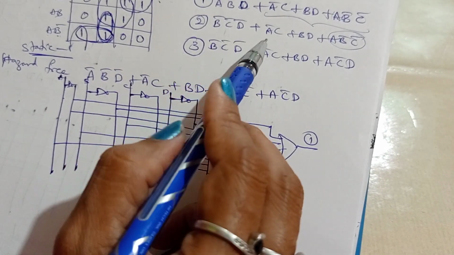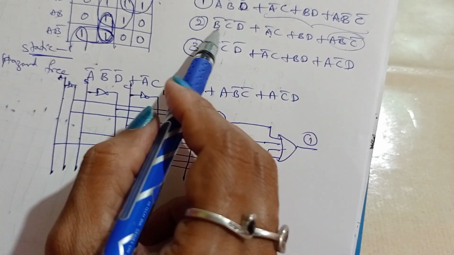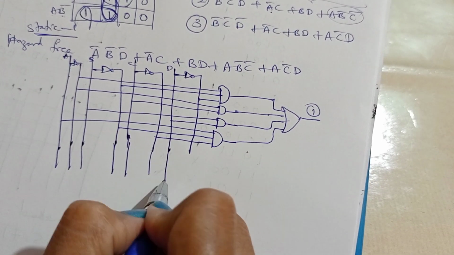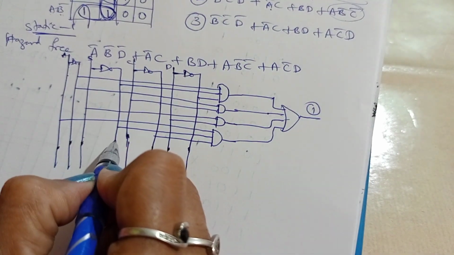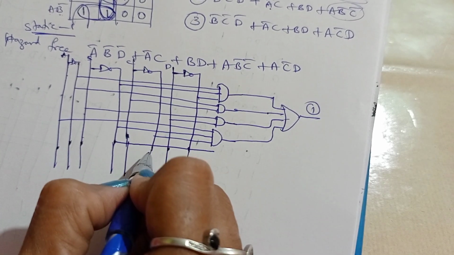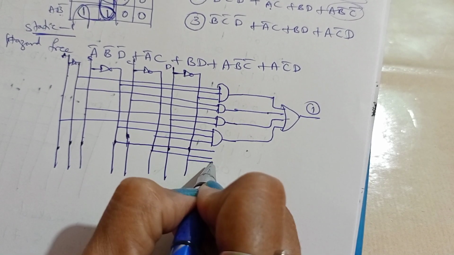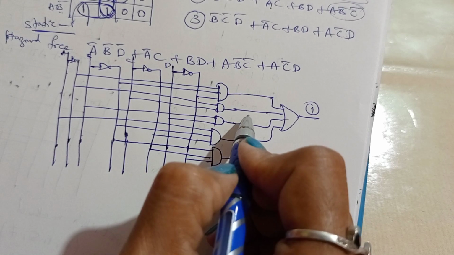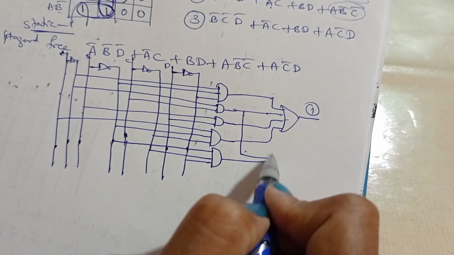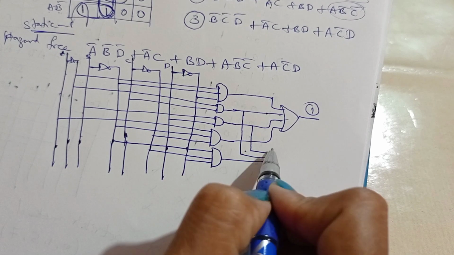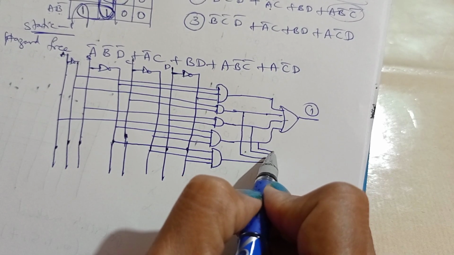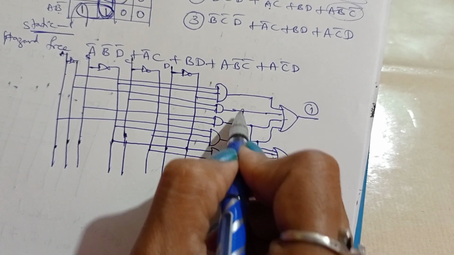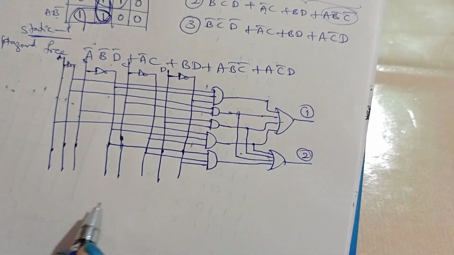Same as these three terms are same, only one term is different. So, draw that only one term, that is B bar, C bar, D bar, and remaining A bar C, B D, and A B bar C bar are common. Take all this. This is the second.